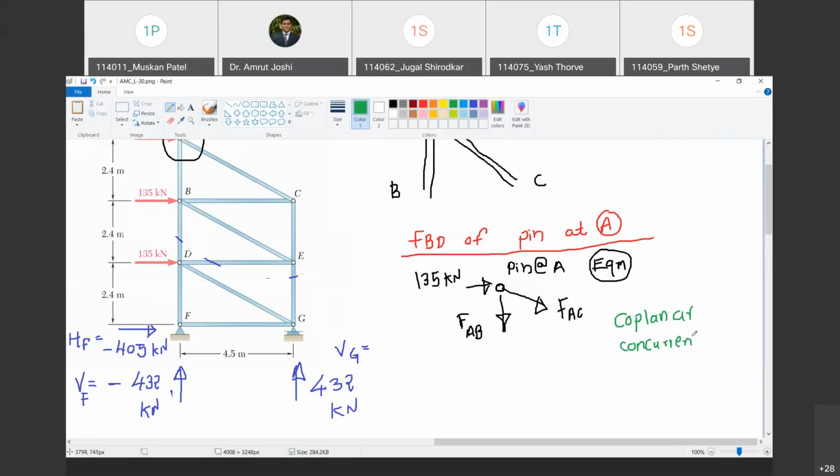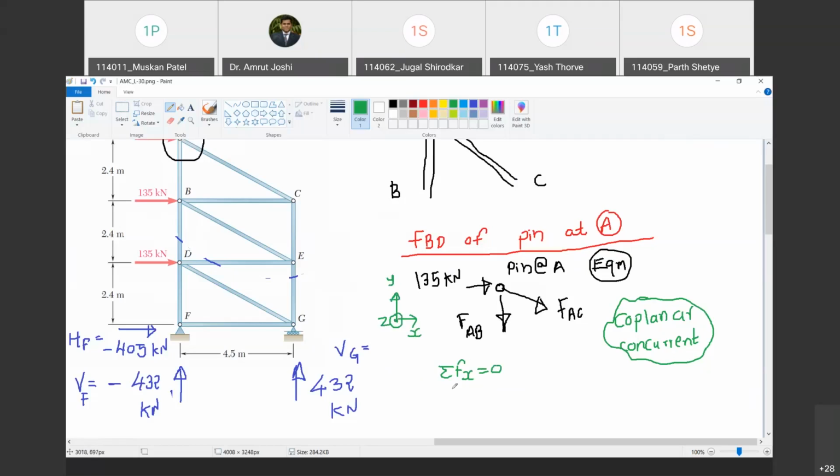When it is a coplanar and concurrent force system, how many equations make sense? Bolo. Summation Fx equal to 0. Do you agree with me? And summation Fy equal to 0. This is x, this is y, and coming out of the plane of the board towards you is z.